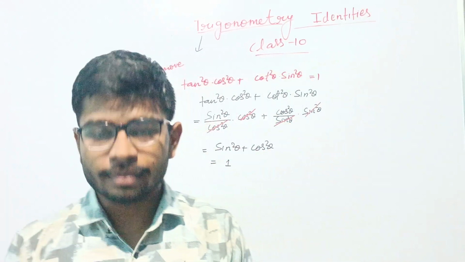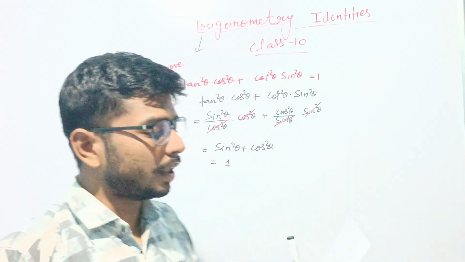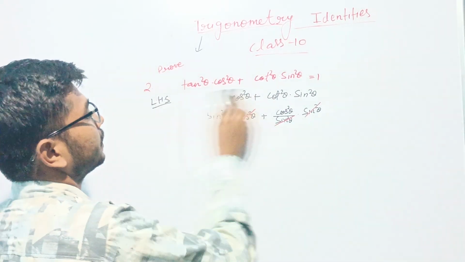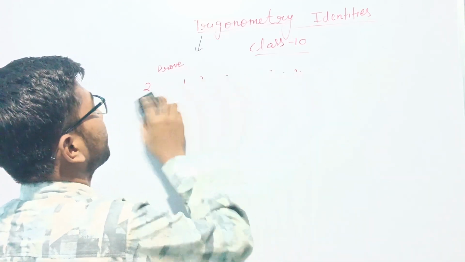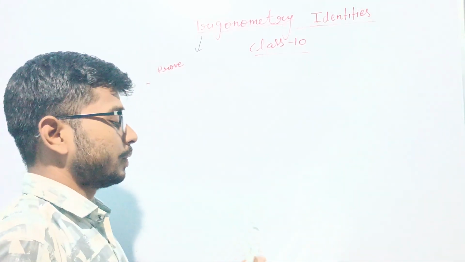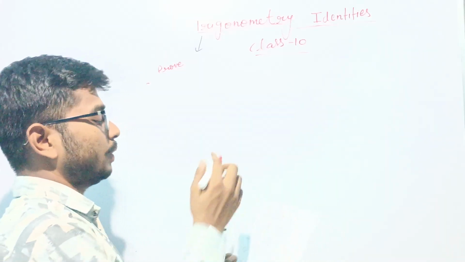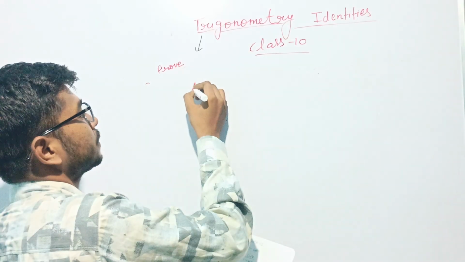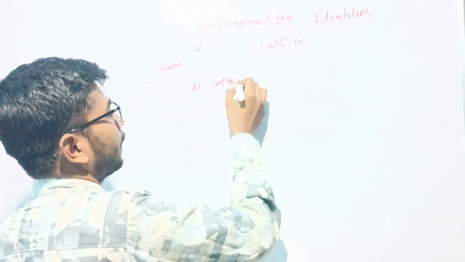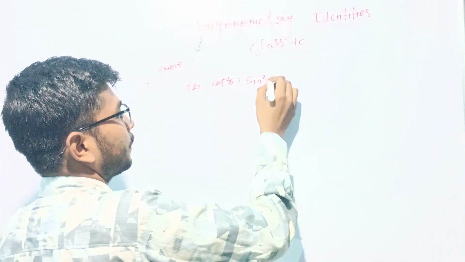I have noted some basic questions, so let's write from here. I will erase this. One question is 1 plus cot square a into sin square a is equal to 1. You can write a or theta, anything.